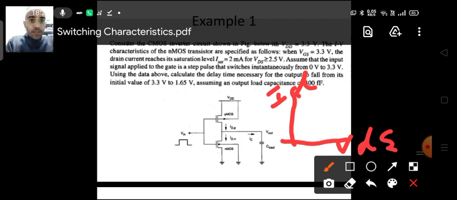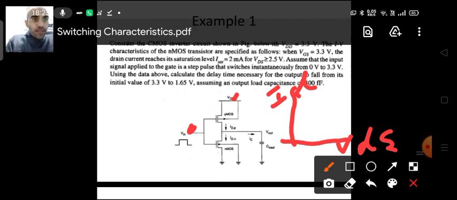In the numerical it is written that when VGS is equal to 3.3 volts, and VDD is 3.3 volts, this is the maximum voltage you can apply at the input. This is our input and this is our VDD. So at the input we can apply a maximum equal to VDD, that is 3.3 volts only.